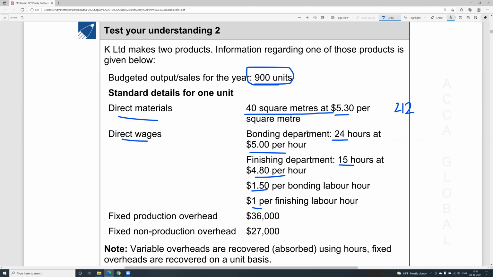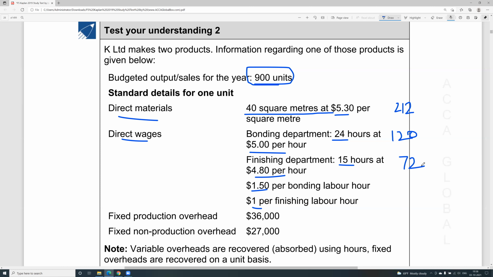Then comes bonding department and finishing department. You have two laborers to pay here. For the bonding department, you need to pay 24 into 5 per hour to get one unit done. That is 120. Next, finishing department requires 15 hours of labor in 4.8 labor hours for 1 unit, that's 72.